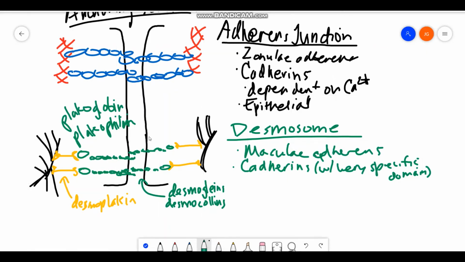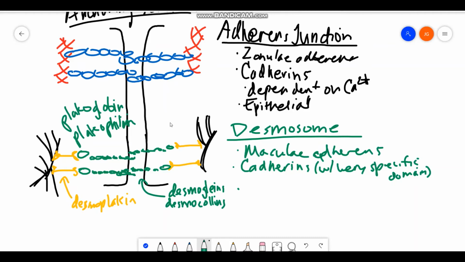Now, a very important thing to note is that desmosomes are very, very good at holding together tissues that are subjected to a lot of mechanical stress. So a lot of pushing, a lot of pulling. So you're going to find desmosomes in tissues that are expected to be subjected to a lot of stress over time.